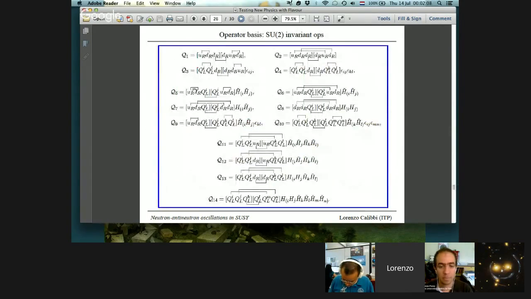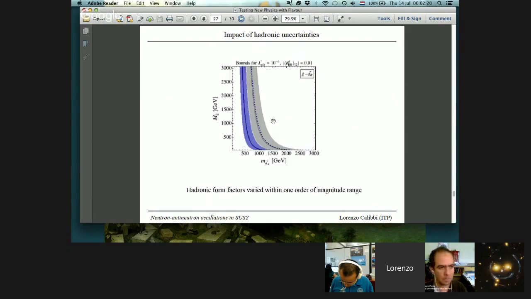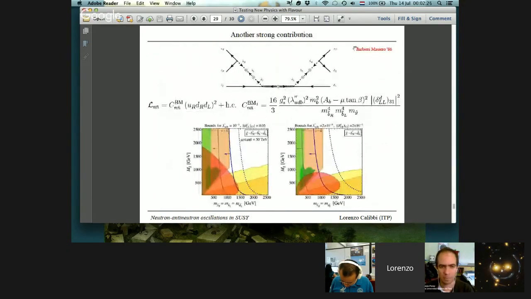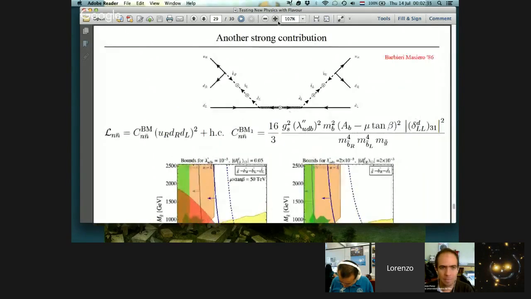But in principle, you can do something different. This is the full basis of the SU(2) invariant operators, so you can also have processes that involve left-handed quark doublets. In our context, these two professors in '86 basically drew this diagram. Let me zoom in for you.